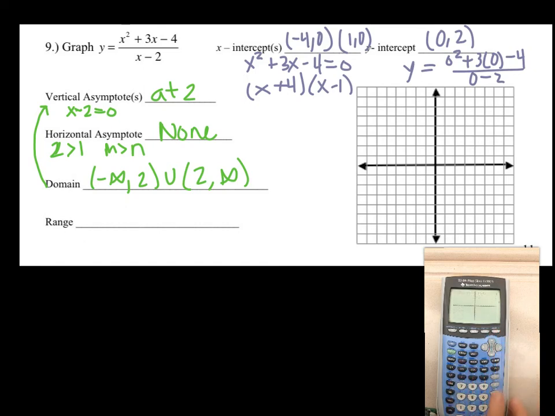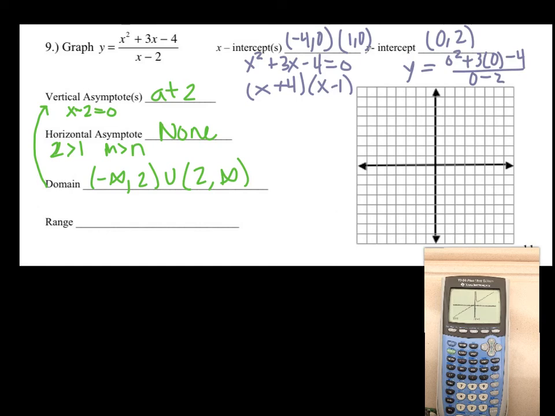We can go ahead and at least graph it so we sort of know what it looks like. And now what happens, guys, I know this obviously because I have the answer key in front of me, but you should have more than just one part of your graph. So if we zoom out here, go to zoom out, select that, and then actually do the zoom out. So hit enter twice. You can see now that there's 2 sections to this.